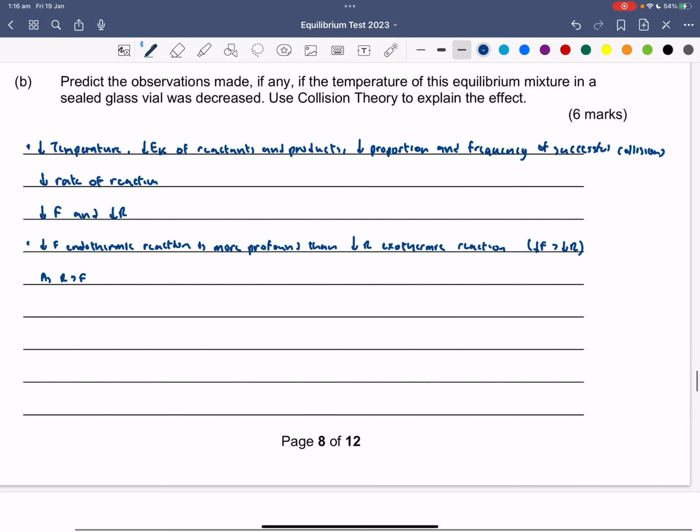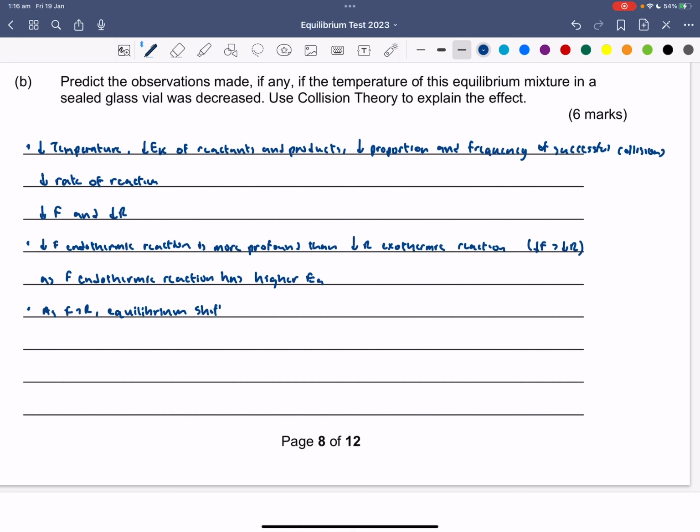The decrease in the forward reaction rate is more profound than the reverse reaction rate, as the forward endothermic reaction has a higher activation energy. So, as forward is more than reverse, equilibrium shifts to the right.